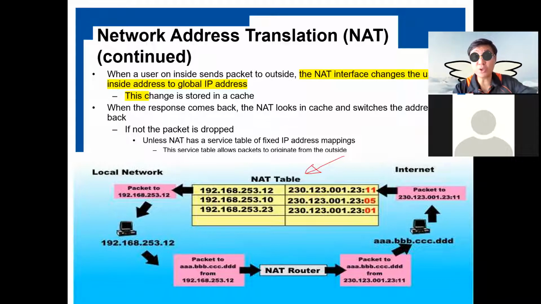But NTU has so many other schools: School of IT, school of health science, SIDM, or whatever. So how do you know which station it goes to? That's where the NAT translation table has a mapping table like this, so that it can assign the message accordingly to the valid local IP address.